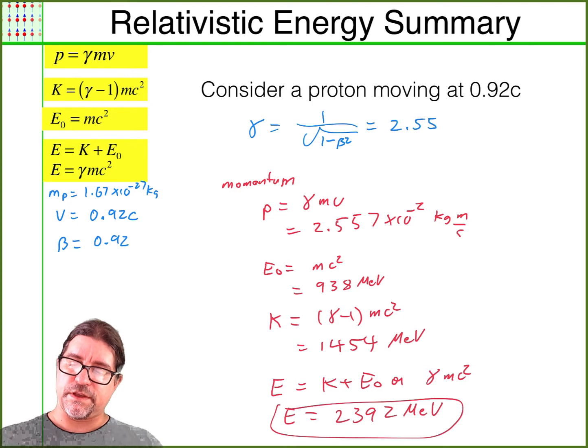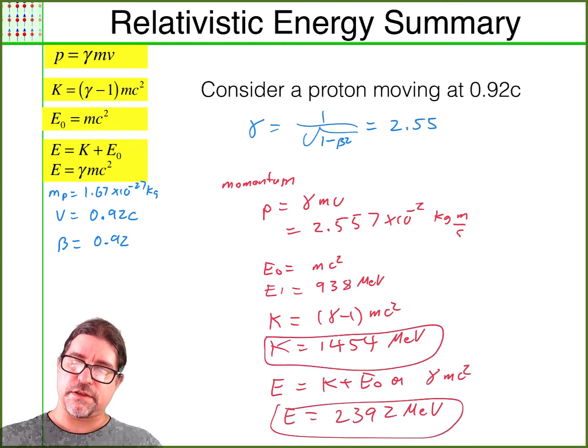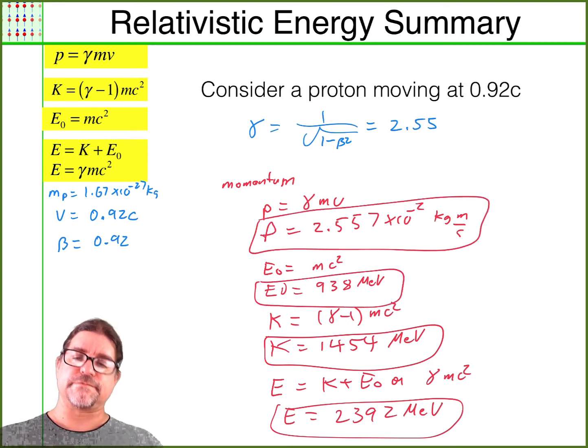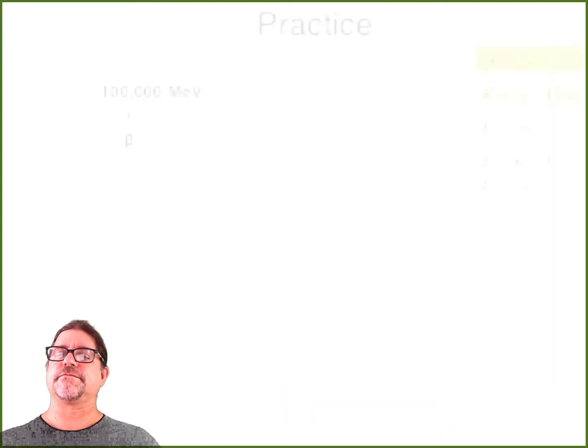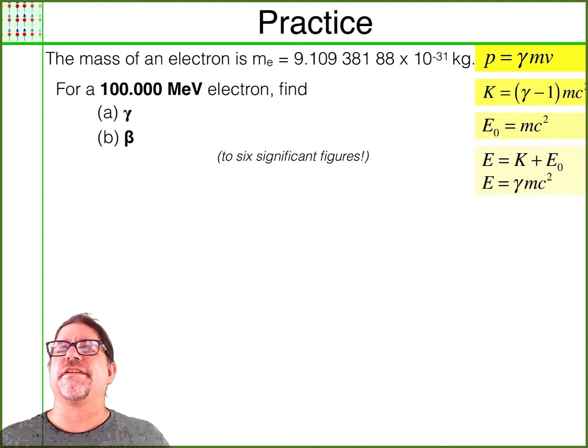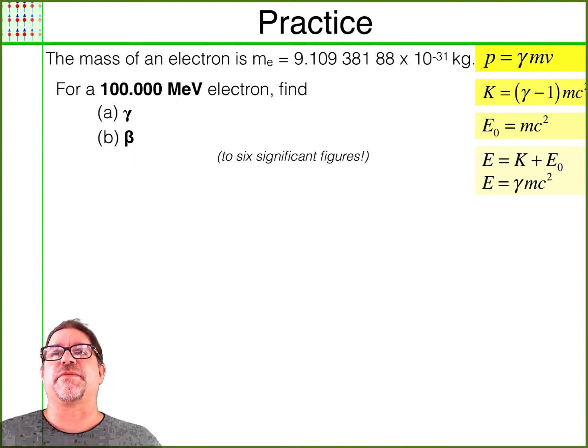So these are just some of the basic describing characteristics of a moving proton. What do we have next? Let's say the mass of an electron, to high accuracy, is 9.0938188 times 10 to the minus 31 kilograms.